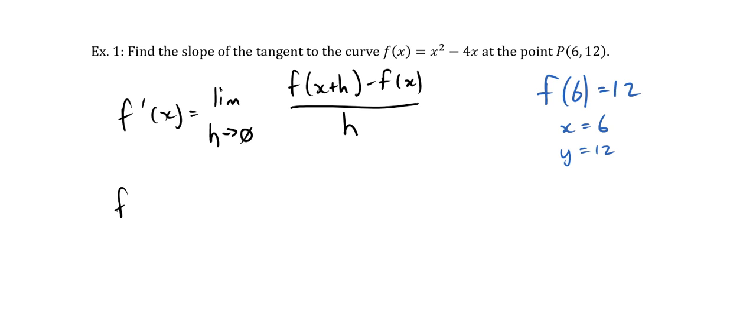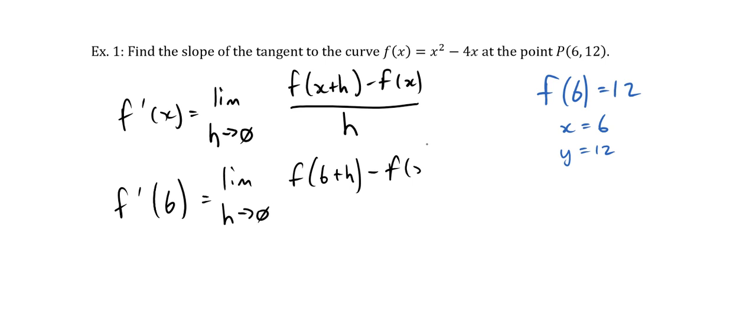Then we're going to write f prime at 6 equals the limit as h approaches 0 of f at 6 plus h. So the h is still there. You're not subbing in for h. You're subbing in for x. Whoops, f at 6.